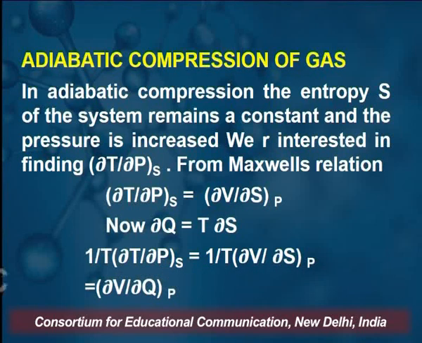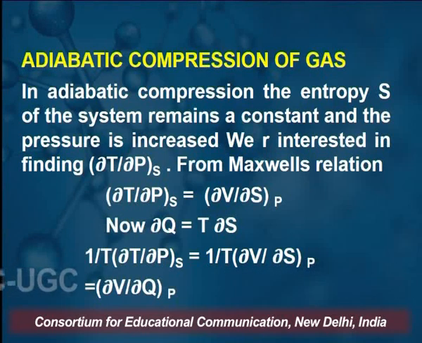From Maxwell's relation, we have (∂T/∂P) at constant S is equal to (∂V/∂S) at constant P. Here we have a positive sign because S, P, T, V are occurring in a clockwise direction.